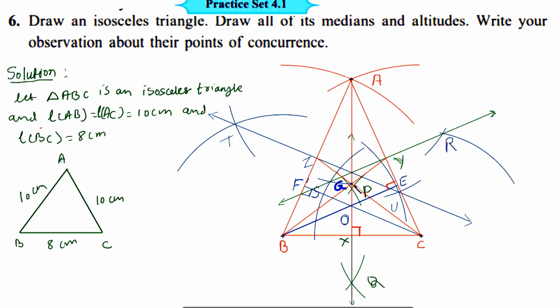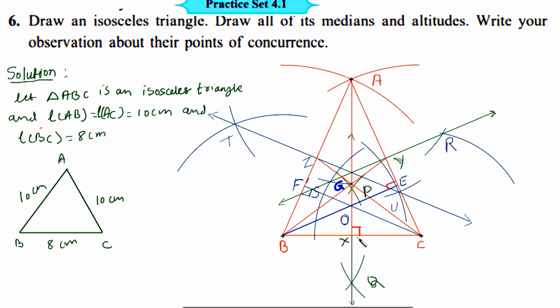Here you observe that the centroid G and the orthocenter O lie on the line which is the perpendicular bisector of the base BC. Segment AF is perpendicular to BC, and X is the midpoint of the side BC.